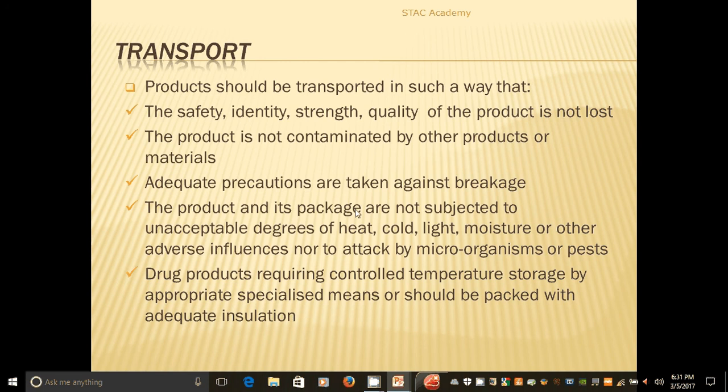The product and its package are not subjected to unacceptable degrees of heat, cold, light, moisture or other adverse influences, nor to attack by microorganisms or pests. Drug products requiring controlled temperature storage should be transported by appropriate specialized means or packed with adequate insulation.